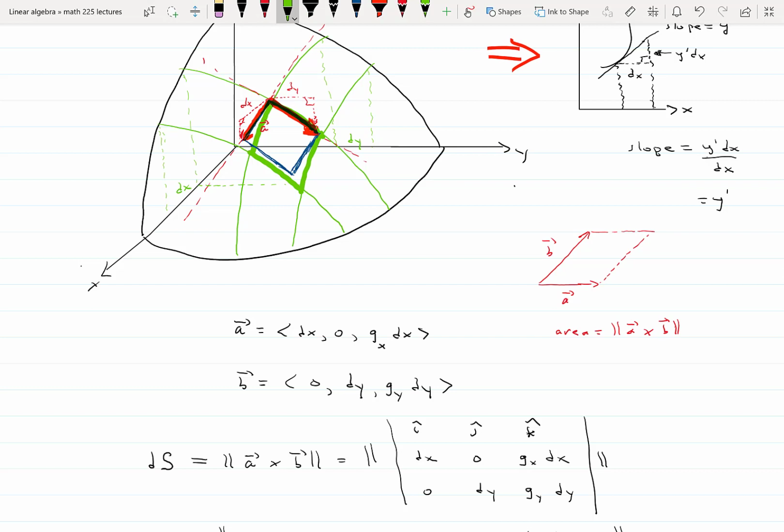Okay, so trying to isolate the little dx times dy. It's actually turning out. So there's my dA. It's that little dx dy. It's the area of the projection of the little patch dS into the xy plane.